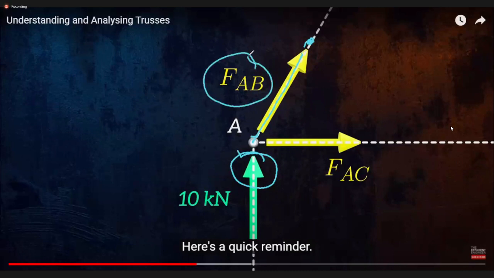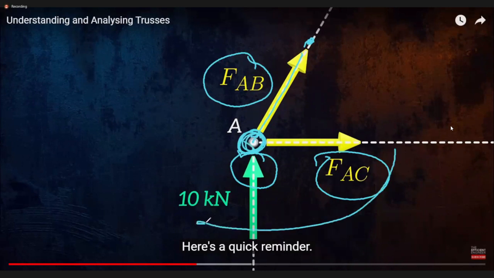AB is a member and so is AC. It is being pulled outside. Now, this joint is in equilibrium, it is not getting accelerated, so the sum of all these three forces has to be 0.